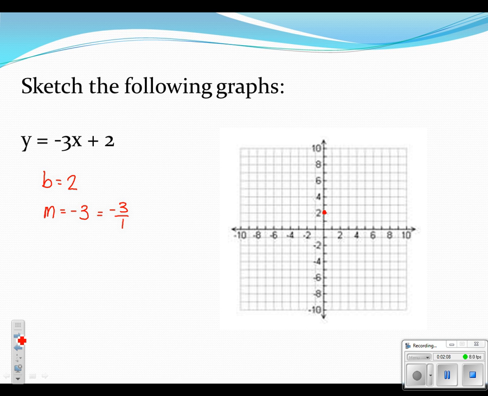Now that rise over run tells me to go down 3 and right 1 to get more points. You could also go up 3 and left 1. So we could look at this slope as a 3 over a negative 1 as well. They all line up, and we have the graph of our equation.